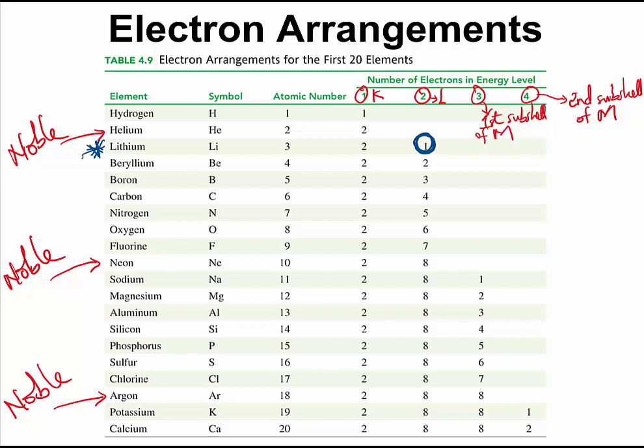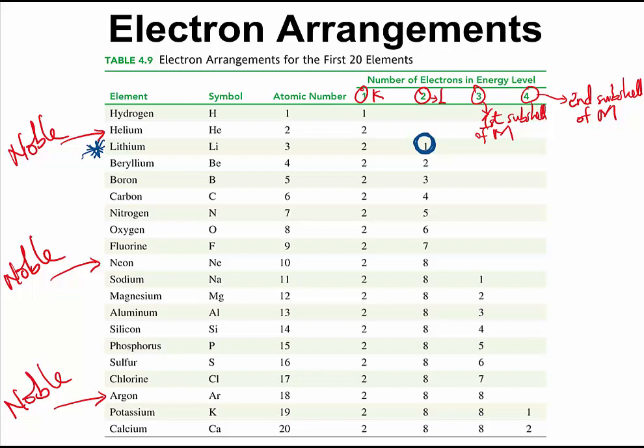That electron is in the L shell. The L shell can accommodate 8 electrons. Now remember, each element wants to be like a noble gas. So how can lithium be like a noble gas? The nearest noble gases to lithium are helium and neon.